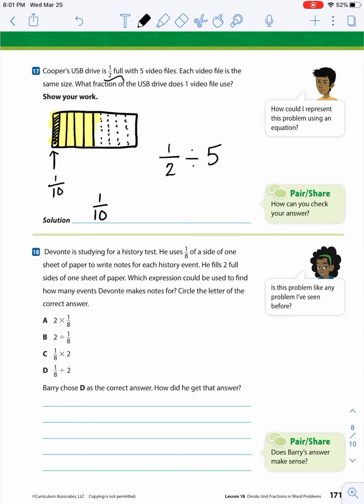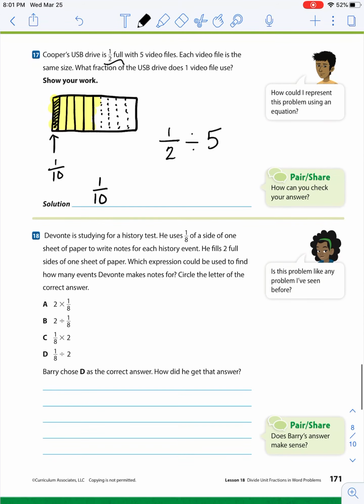Okay, and the last practice problem. Devonte is studying for a history test. He uses 1/8 of a side of one sheet of paper to write notes for each history event. Oh my goodness, better stop there. Better reread that.